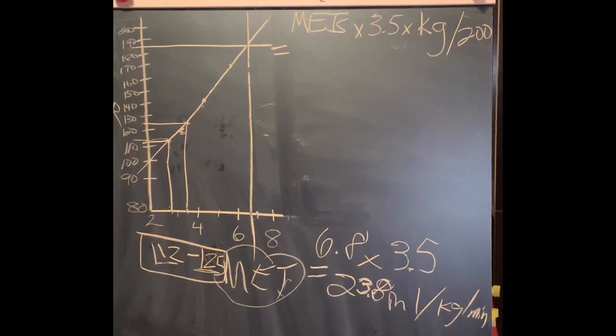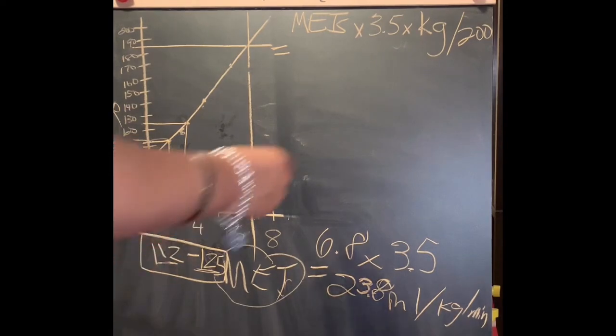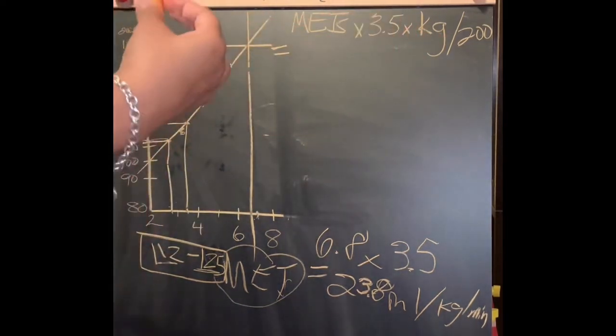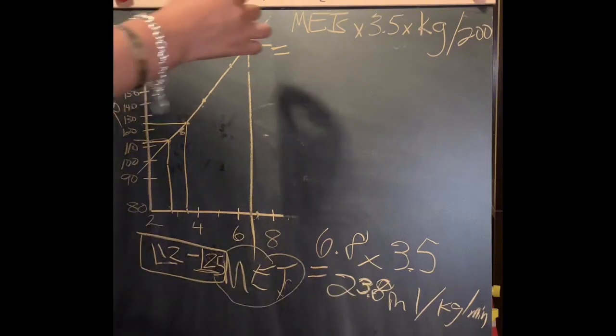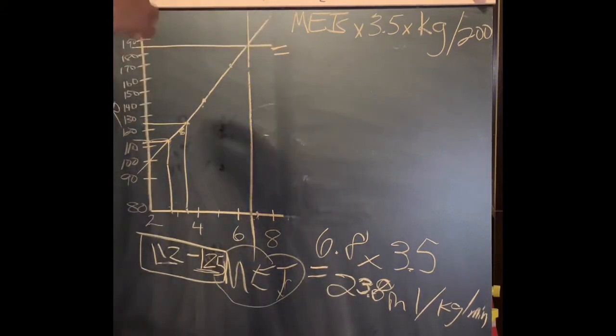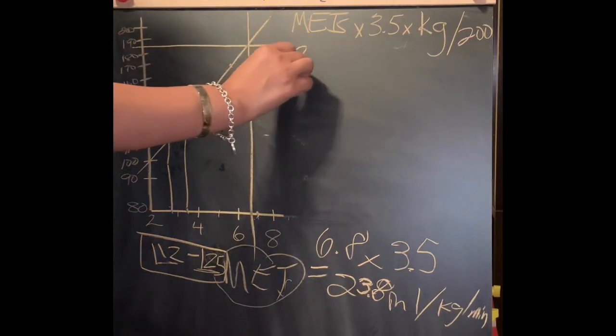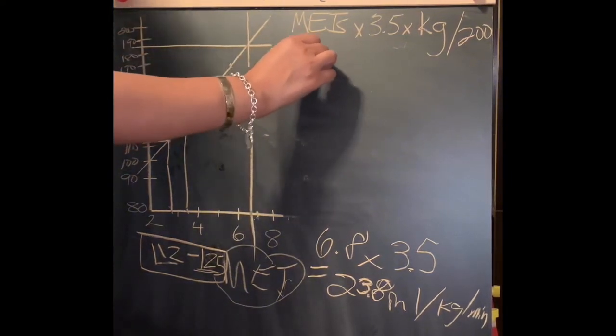So let's start with the formula. METs times 3.5 times the body weight in kilograms divided by 200. Now remember, the question asks you about how much time it'll take him if he was exercising at his minimum MET zone, at the minimum portion of his MET zone. Now we determined back in number 4 that the minimum METs for that first stage was 2.74.